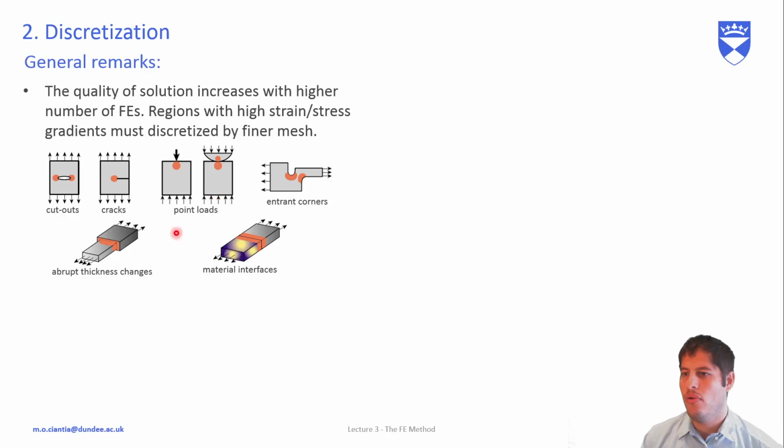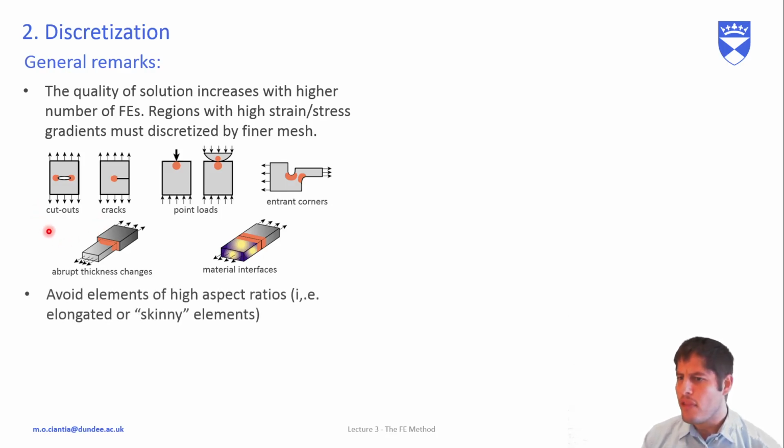Examples include, we should look for example, near cutouts, cracks, point loads, abrupt changes of thickness, material interfaces, or re-entrant corners. So these are all regions we should look at and as modelers take into account, and we should refine our mesh in these regions.